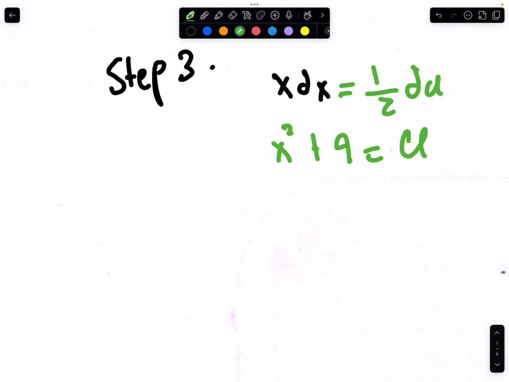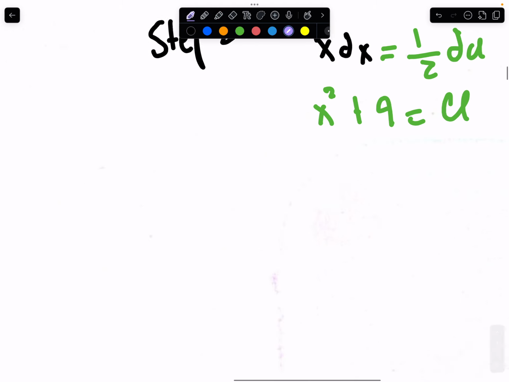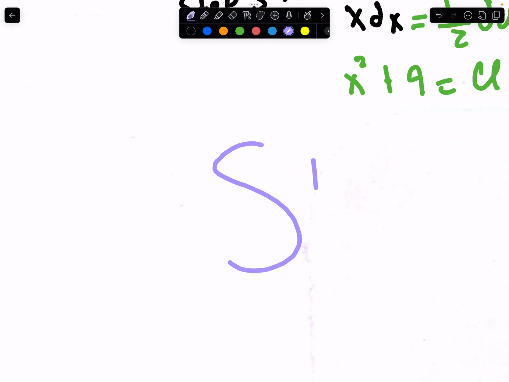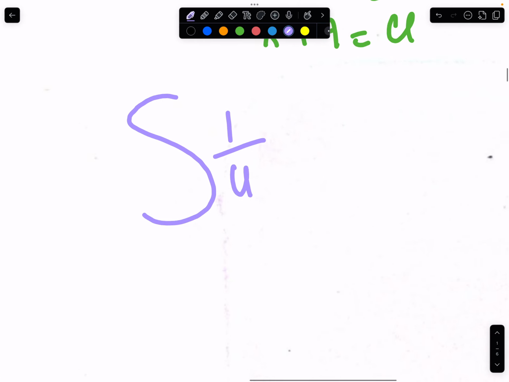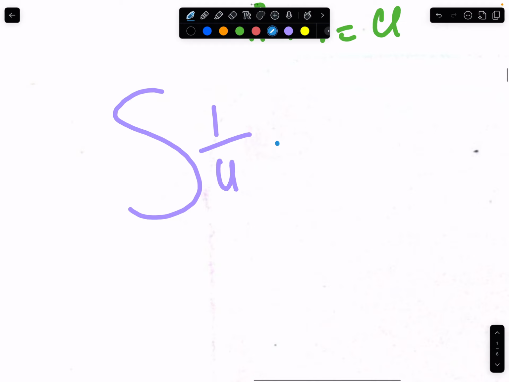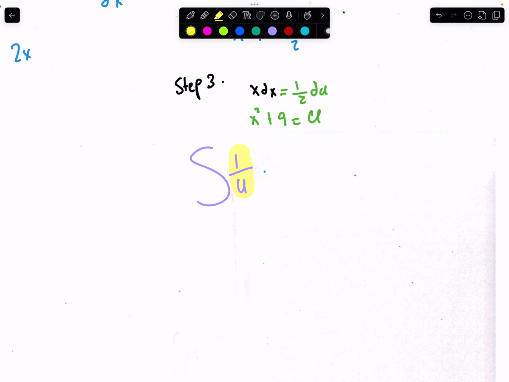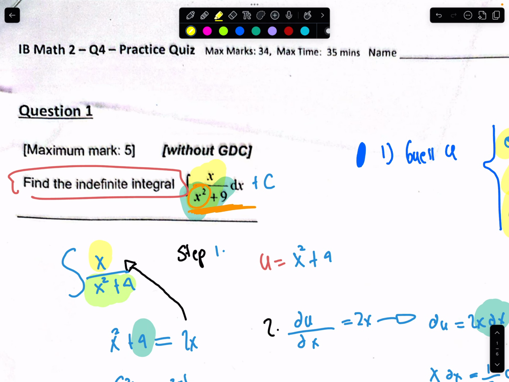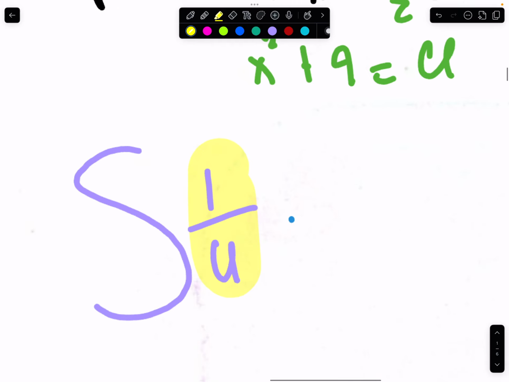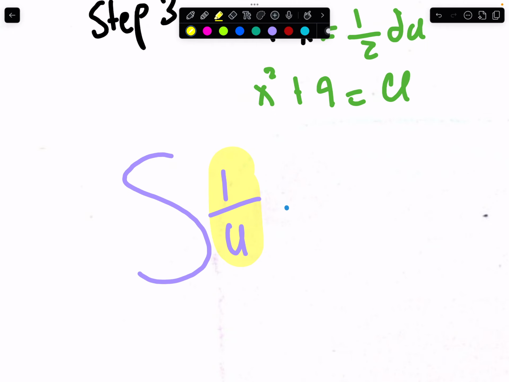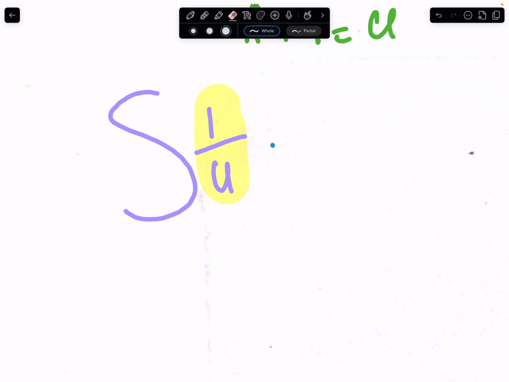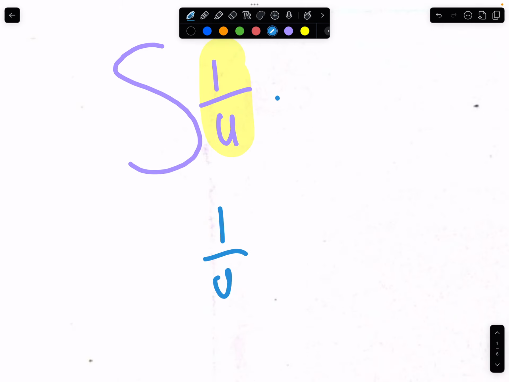So the integral becomes, yes, it's a little bit colorful, 1 over u. Now why, you may ask yourselves, 1 over u? Is this a fraction, a rational expression? Yes. And because it's a fraction, we keep it as 1 over u.